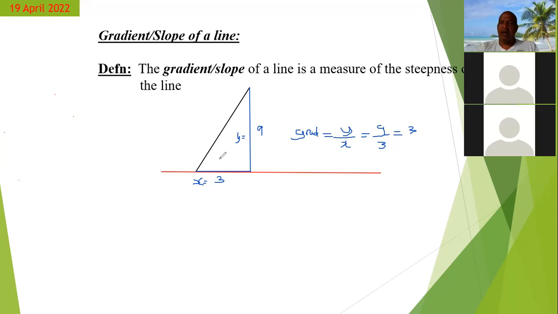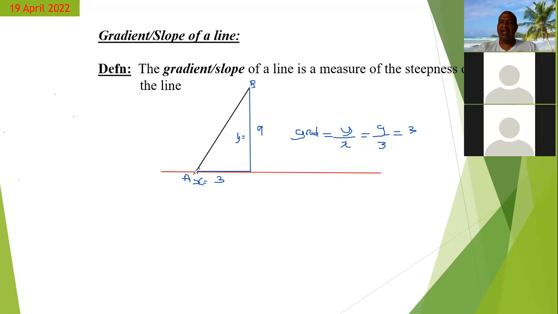Yes, sir. Now, when this line is on a graph, you're going to have a point here with x and y coordinates. Let's say that is A, and there's a point B with x and y coordinates here.